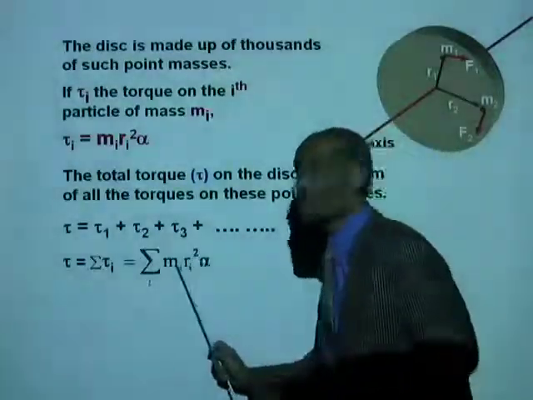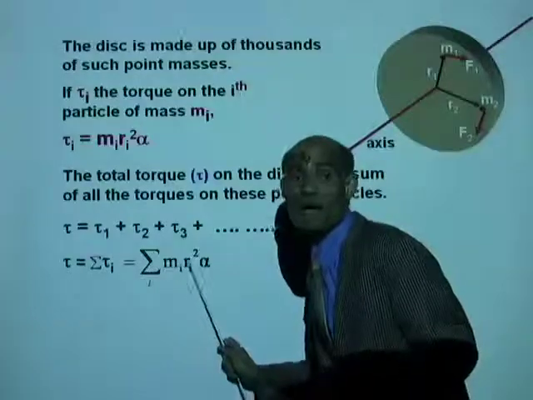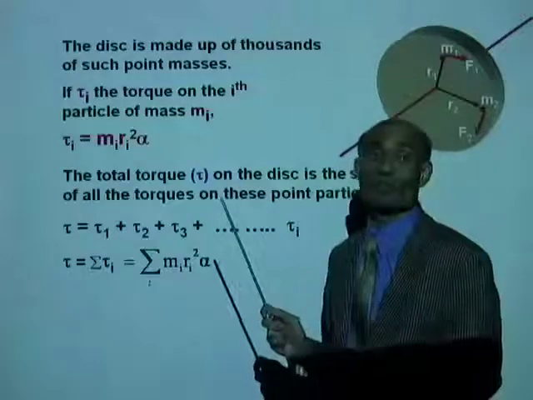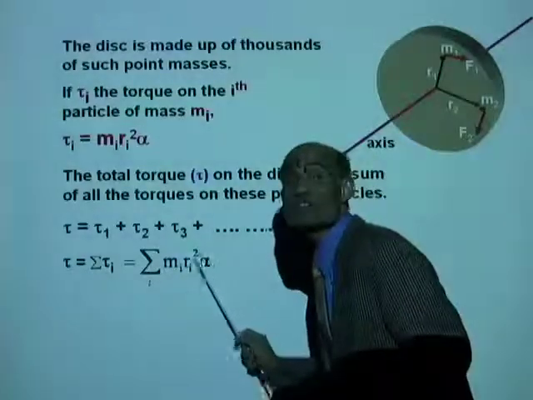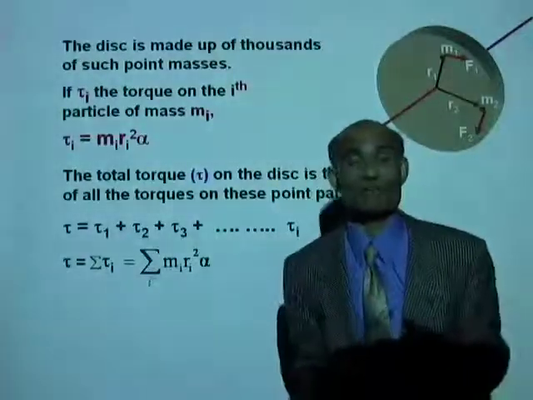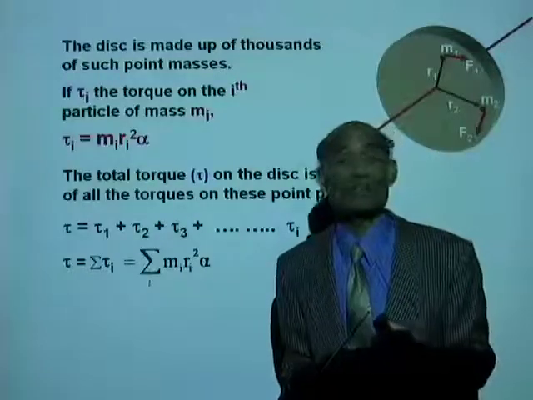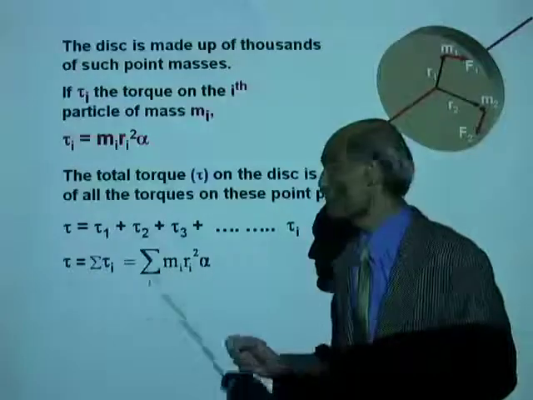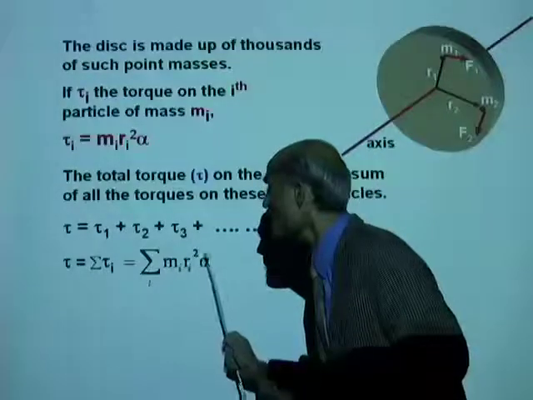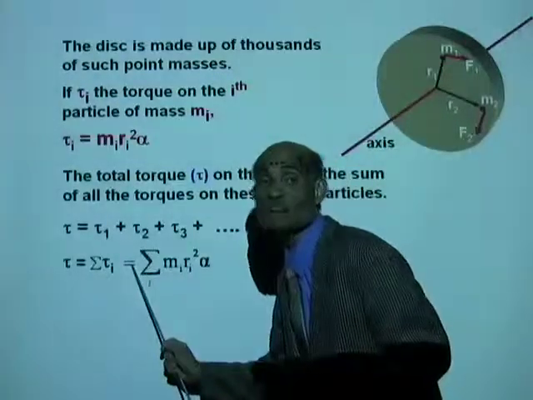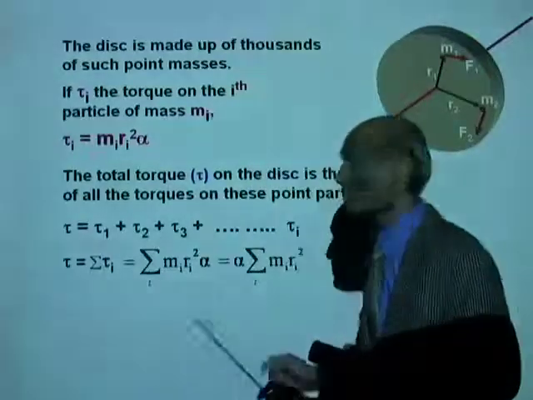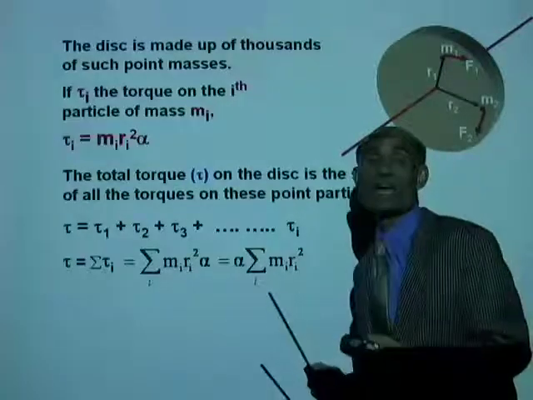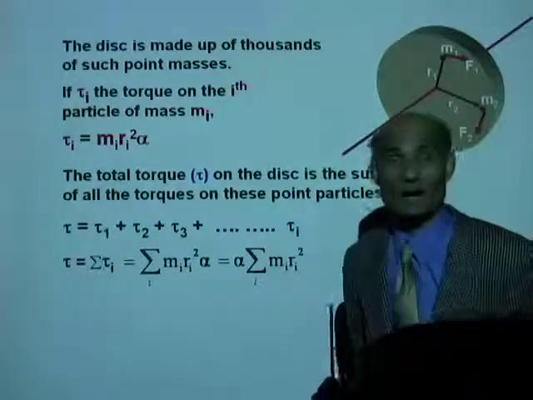Now, you know that m and r are different for different particles, but alpha is the same for all particles. The angular acceleration will not be different. They will be the same for all particles. Therefore, I can take this alpha and keep it outside the summation. So I can write it as alpha times summation i mi ri squared.